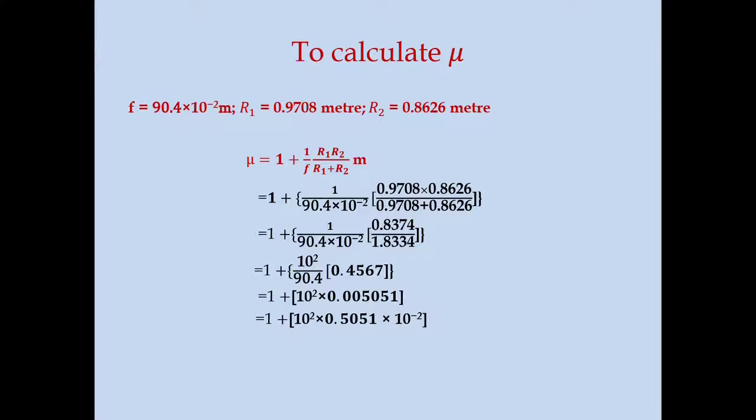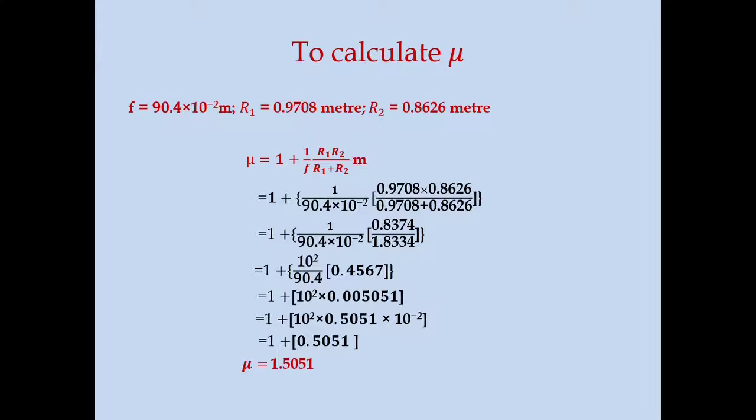Straight away you can multiply this by 100, or you can write it like this, 10 power 2 into 10 power minus 2, which will give us 0.5051. So 1 plus 0.5051 will give us 1.5051.